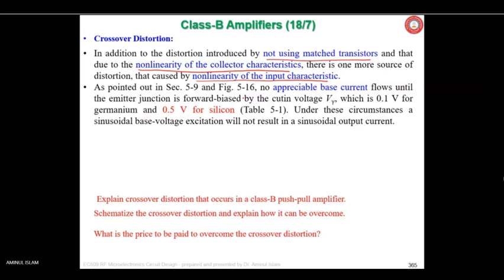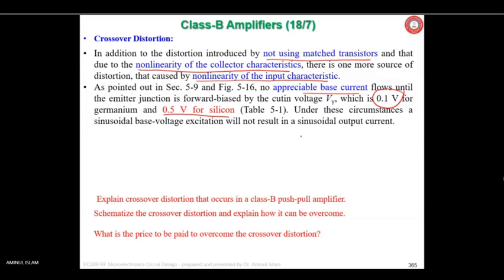As pointed out earlier, no appreciable base current flows until the base-emitter junction is forward biased by the cut-in voltage, which is 0.5 volt for silicon. Mostly silicon devices are used, so let us stick to this value. Of course, germanium has V gamma equal to 0.1, but we will talk about 0.5 volt in the case of silicon.